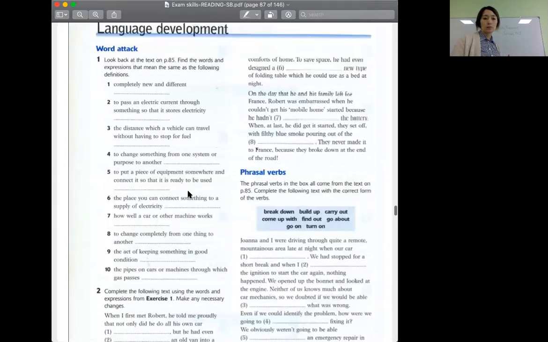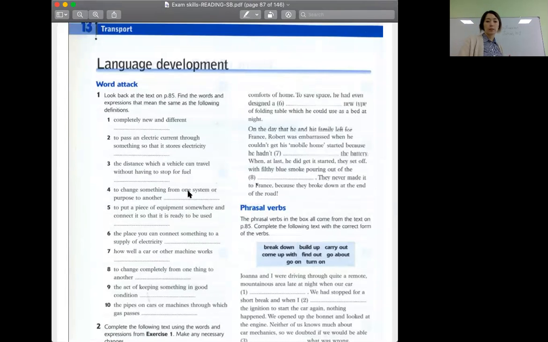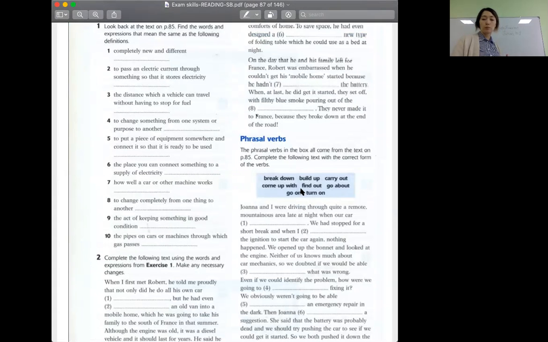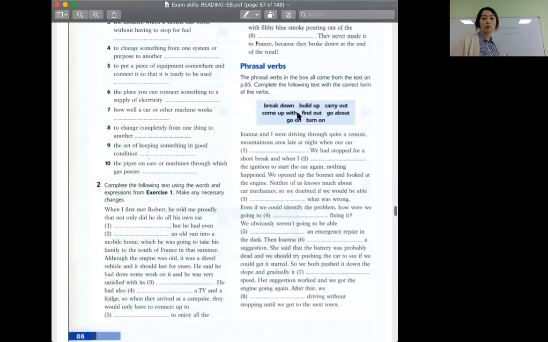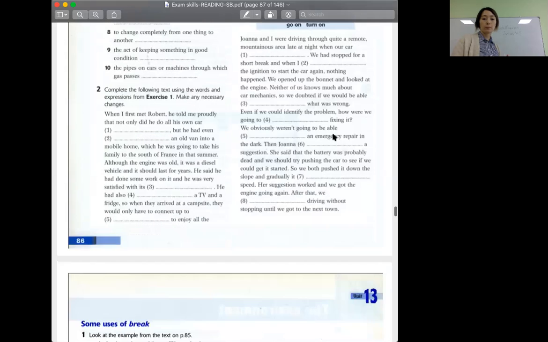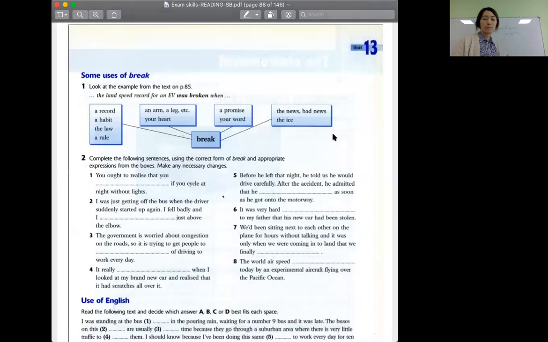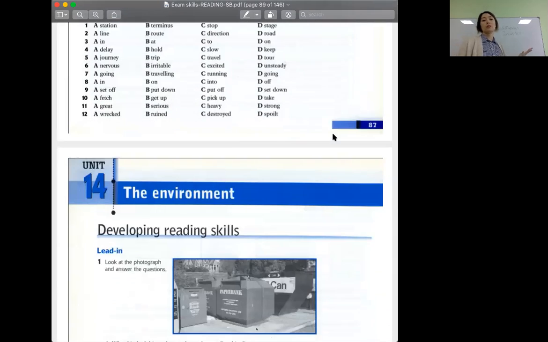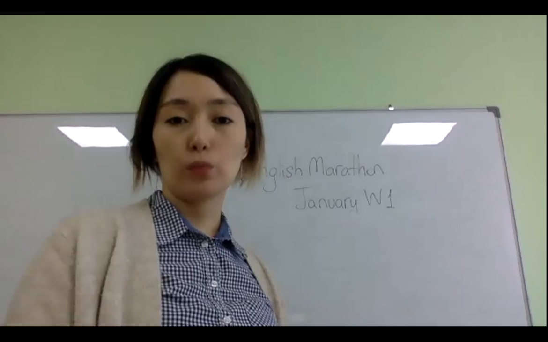And then there's language development. It gives you some more interesting phrasal verbs. Here they are in the box. Use of English exercises, and that's it. Quite short. This is what you do for the week.